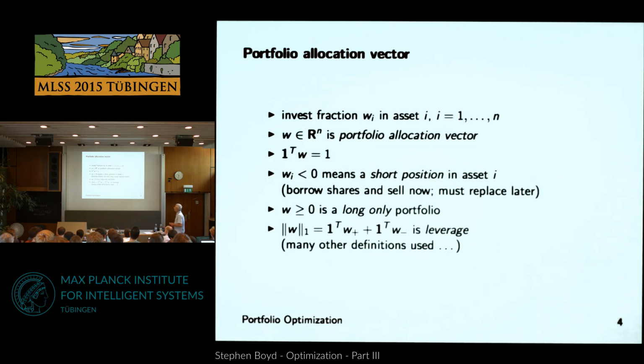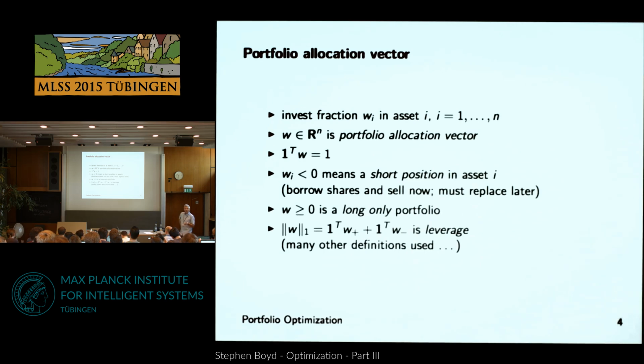We're going to work with fractions. We have a vector w in R^n, and it's the fractional asset allocation. These are numbers that add up to 1. If they're non-negative, that's of course a convex combination. But we can have negative entries here.